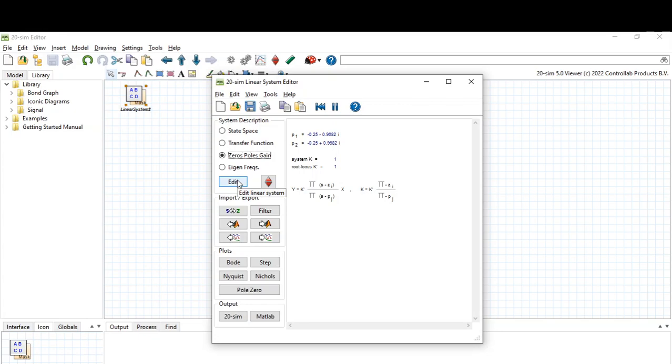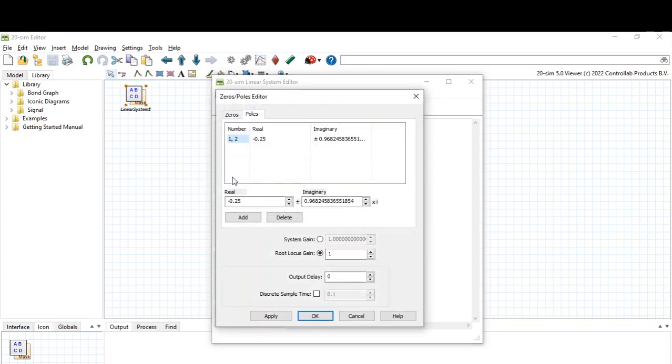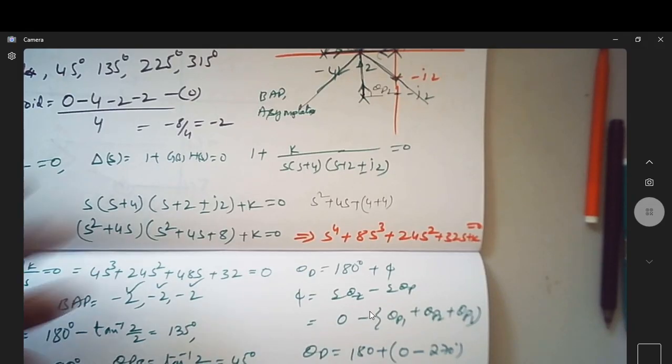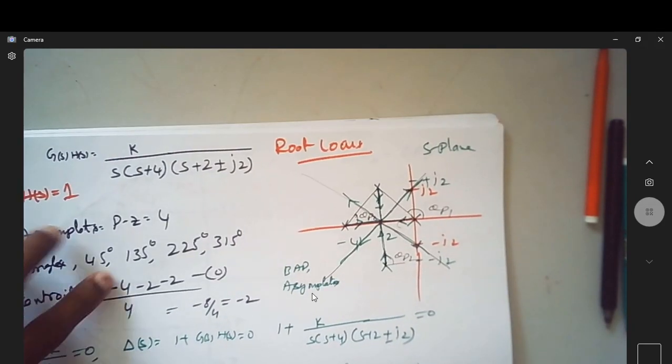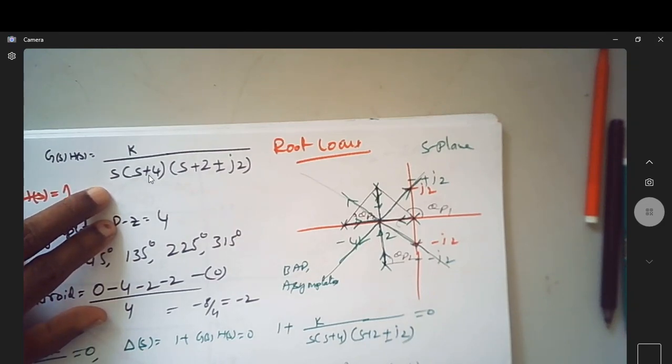Our poles are at, you can see this is my pole position. These are the open loop pole positions. One is at 0, the other is at -4, and two more at -2 plus or minus j2. Let me do that.